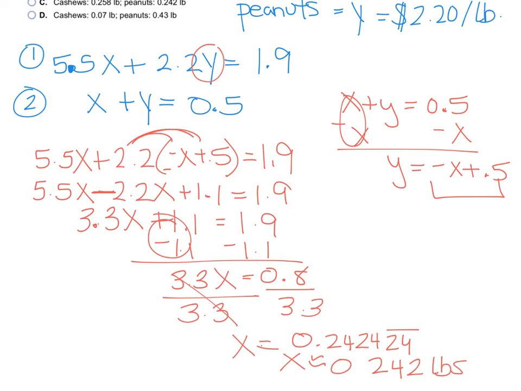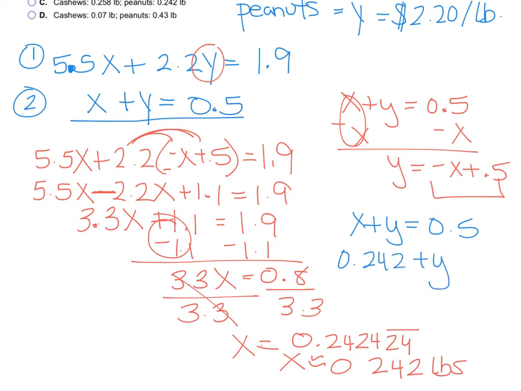Now that we have what x equals, I can plug that value into my second equation and solve for y. My second equation is x plus y equals 0.5. I know that x is 0.242, so I'll substitute that in. Then I'll subtract that value on both sides of the equal sign.